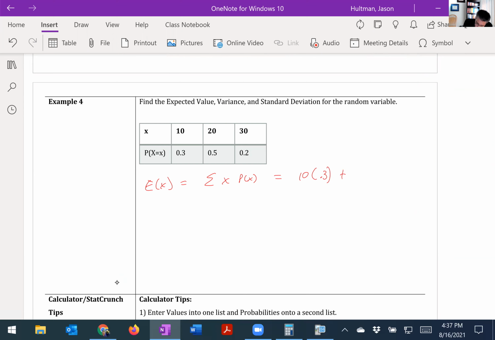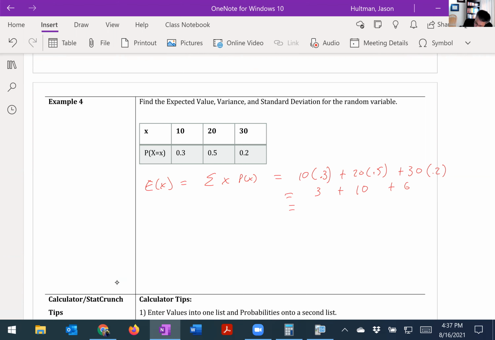And then I'm going to take the next value, 20, and multiply it by its probability of 0.5. And then I'm going to take the last value, 30, and multiply by its probability of 0.2. 10 times 0.3 is just 3. 20 times 0.5, that's half of 20, that's 10. And 30 times 0.2 is 6.